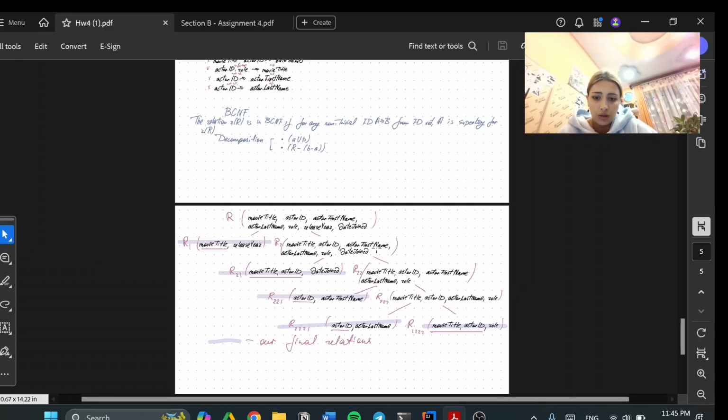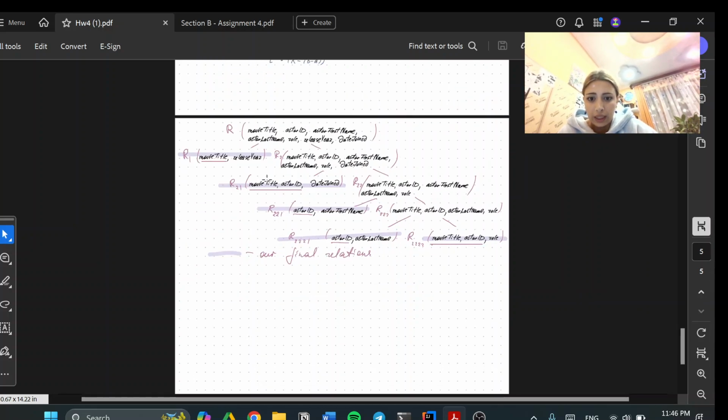Usually when we do this relation tree to find BCNF, we get the CK at the end. Here we didn't. Of course, if we take out the right row, actor ID, role, and movie title from here, we'll get the CK, but it is not needed because actor ID, role to movie title is actually right.